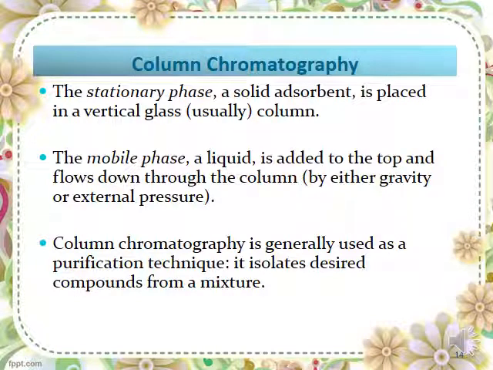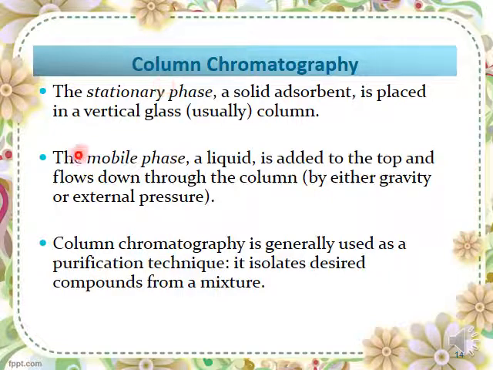So next we move to column chromatography. Column chromatography is different from TLC or paper chromatography, because for the stationary phase we use a fine solid packed in a column, and that will act as the stationary phase.